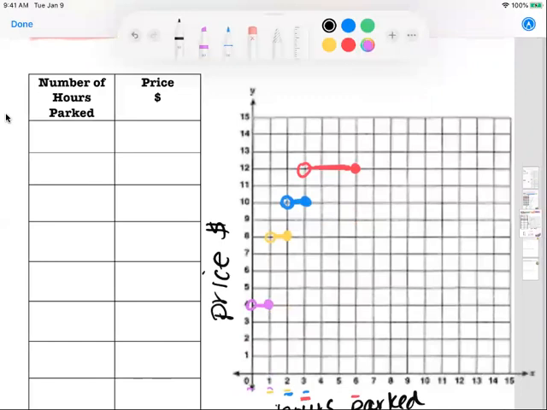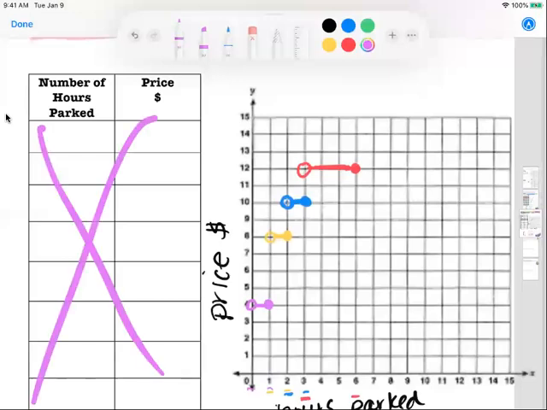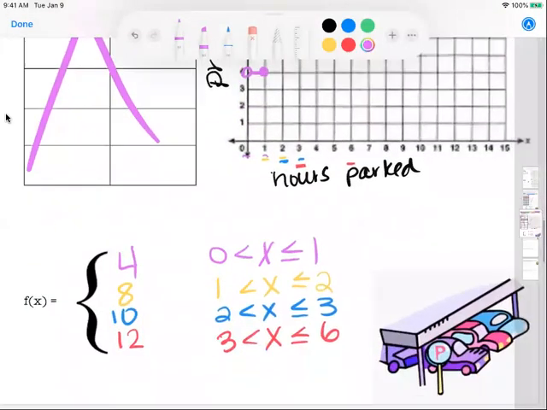We could have made our table here if we wanted to, but I don't really think it's necessary, especially because these steps are so small. They only include one value. So I'm not even going to do it for this one. If you want to see how I did it, you can send me an email and I'll show you how I did it.